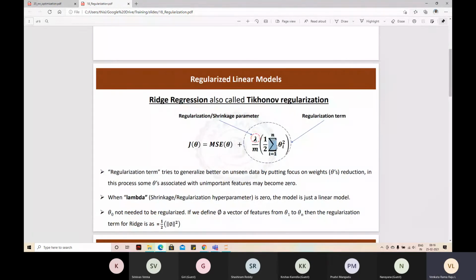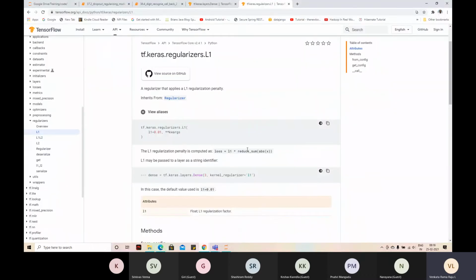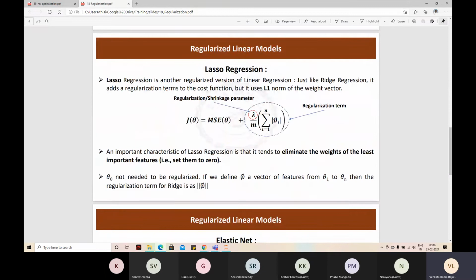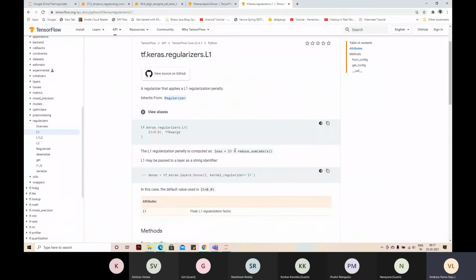This part they are calculating. Let me show you that. So L1 is lambda by m or whatever, into reduced sum of x. What is x here? x is the outcomes of the activation functions.